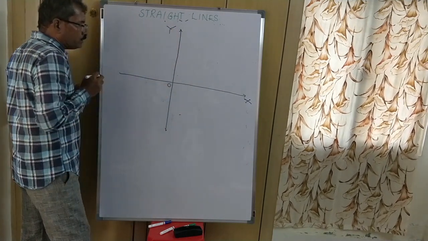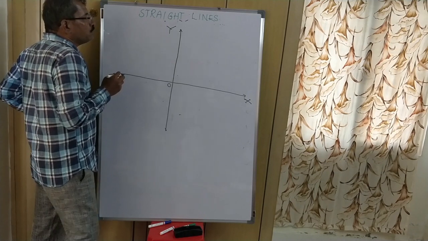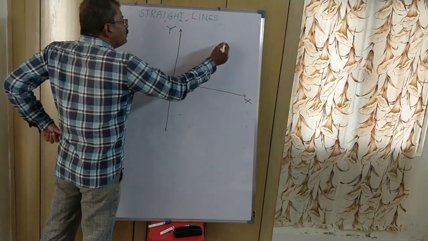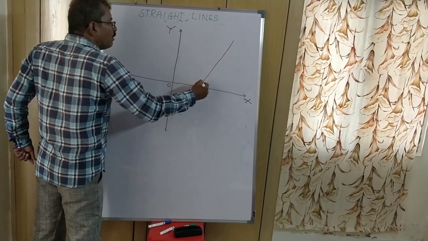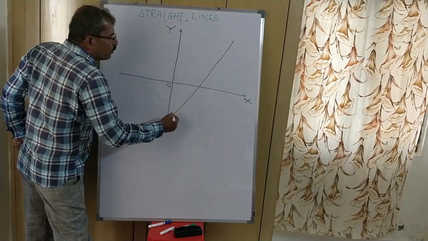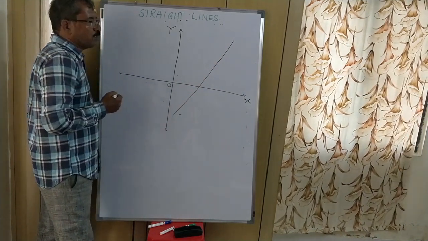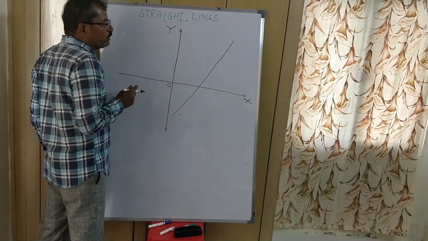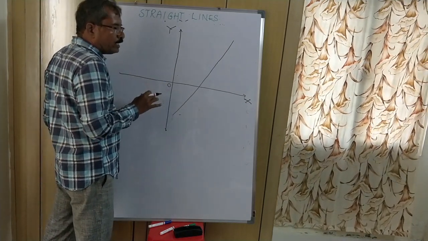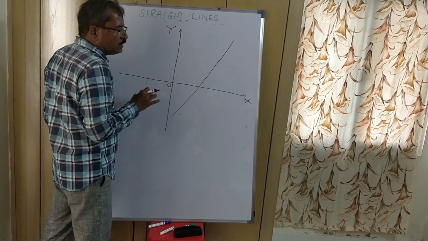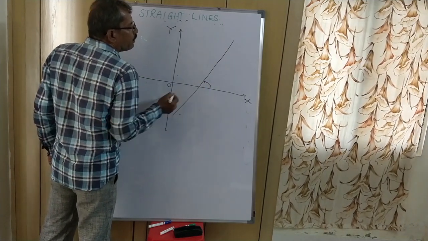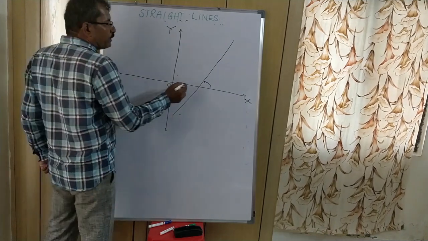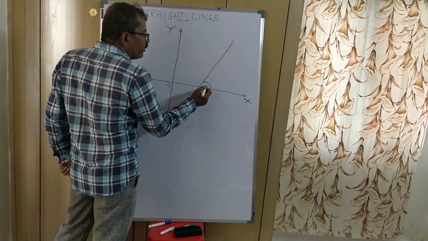Suppose a line, which is not a vertical line, makes an angle with the x-axis in the positive direction and anti-clockwise. In the anti-clockwise direction, it makes some inclination.